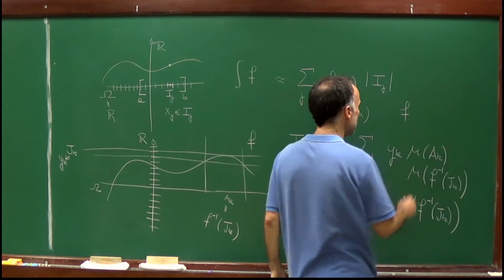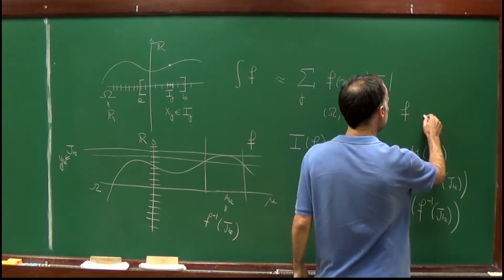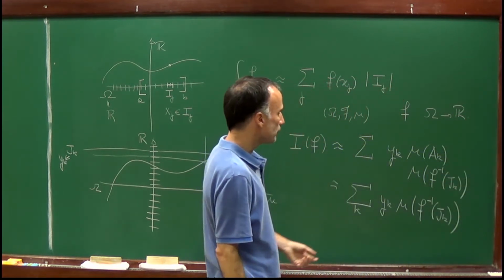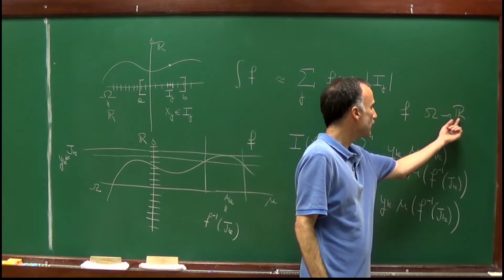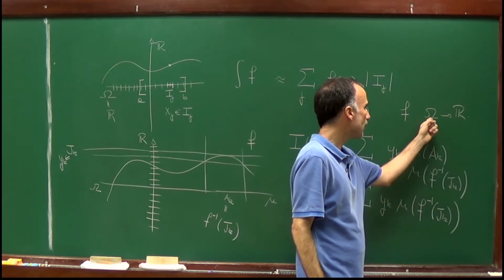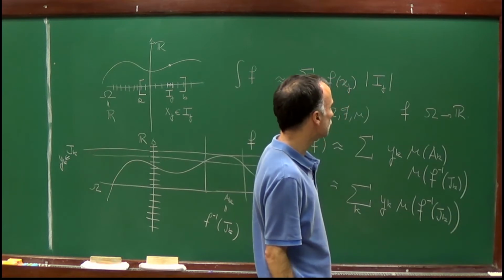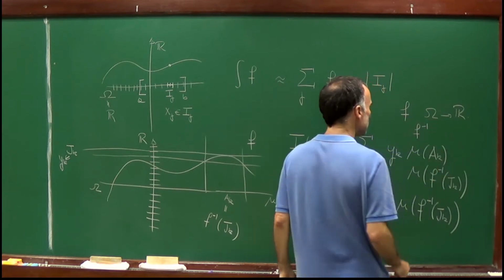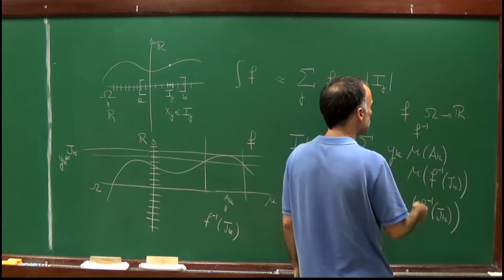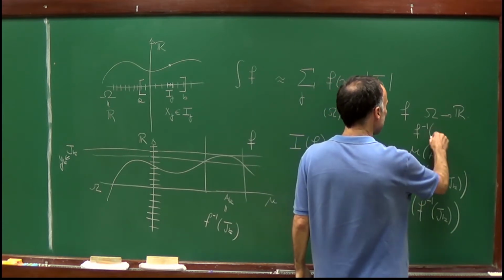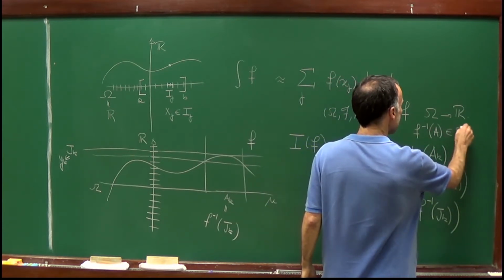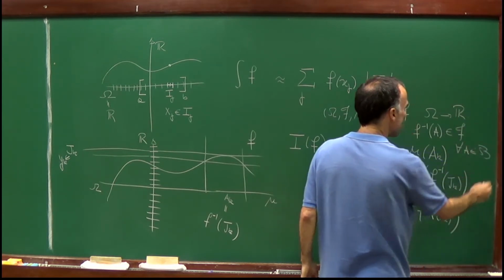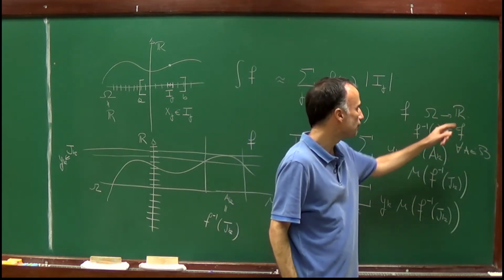So it makes sense to introduce a definition, which I'll make formal in a second. So we have a function from omega to, let's say for the moment, R. And we are taking an interval in R, and we are taking its pre-image, and we are requiring the pre-image to belong to the sigma algebra F. So it's natural to define a class of functions for which f^{-1}(A) belongs to F for any A in the Borel sigma algebra of R, right?